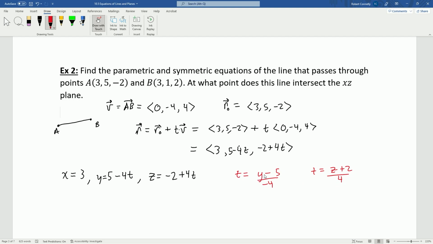We get t equals y minus 5 over negative 4, and t equals z plus 2 over 4. And so our symmetric equations are going to look like that. So I'm actually going to take this negative and put it up top, so it'd be 5 minus y over 4 equals z plus 2 over 4.